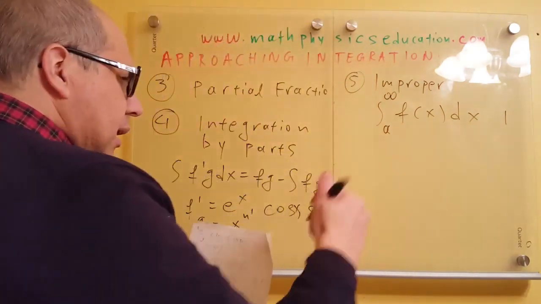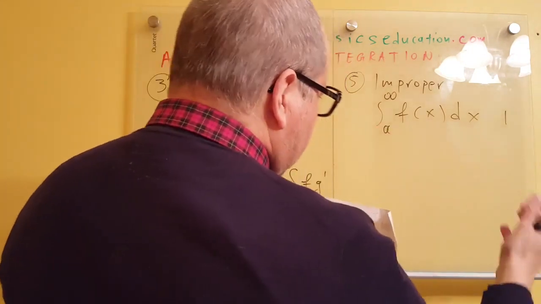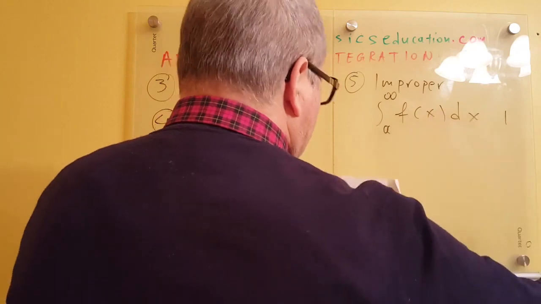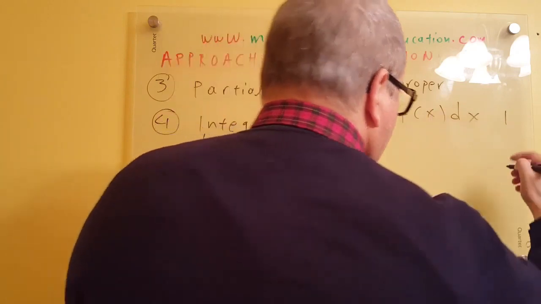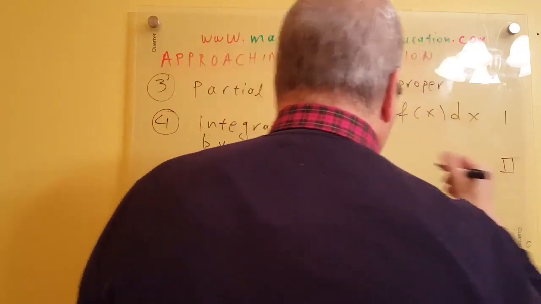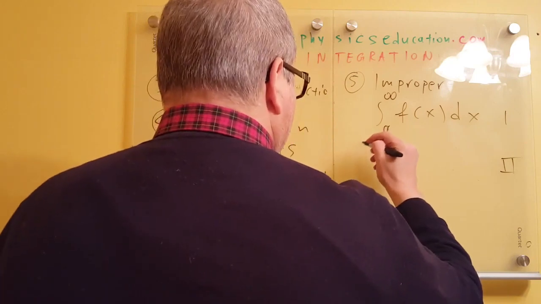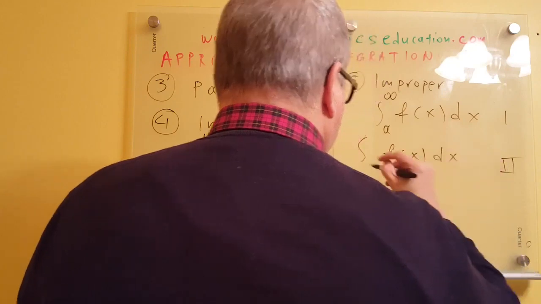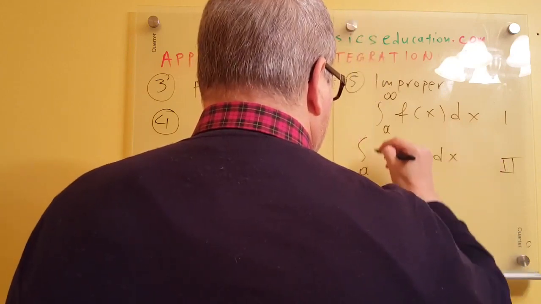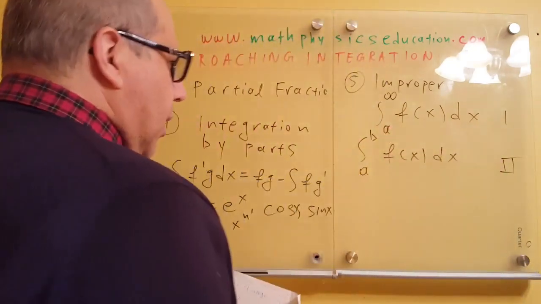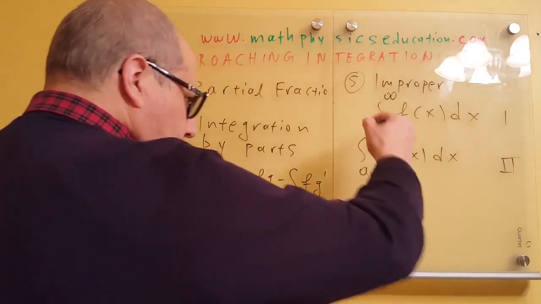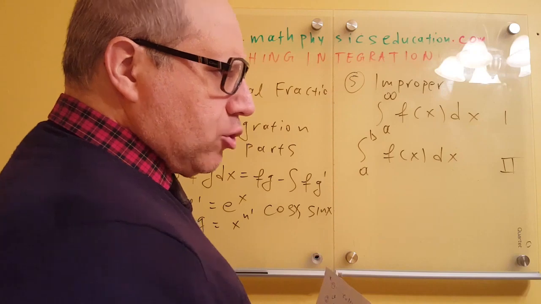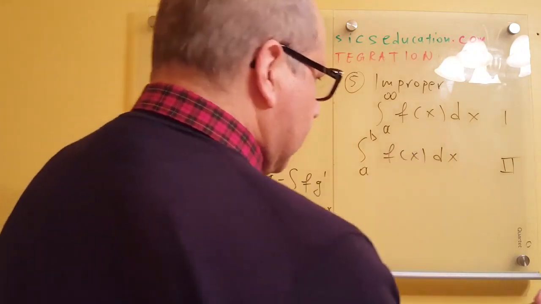Now, the one which is more difficult to see is the improper integral type 2, where you have to find the integral of a function f of x dx from a point A to a point B, where at one of these points the function f of x is not defined.